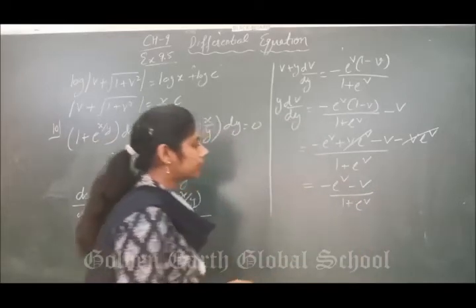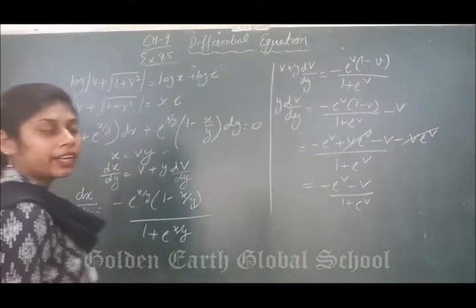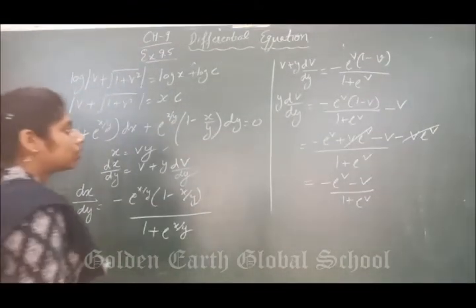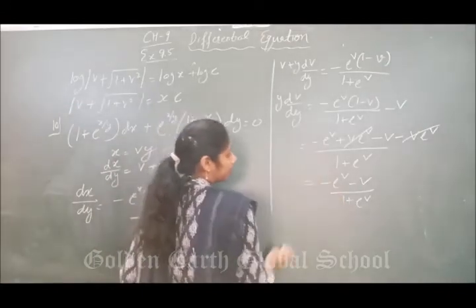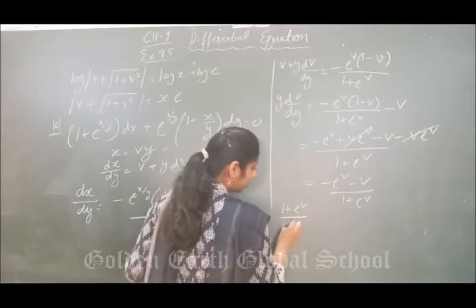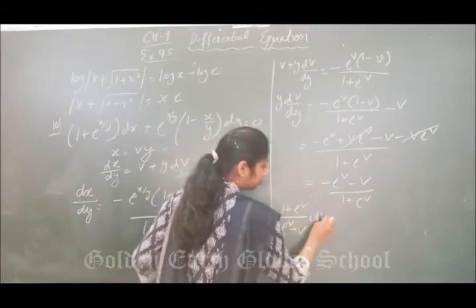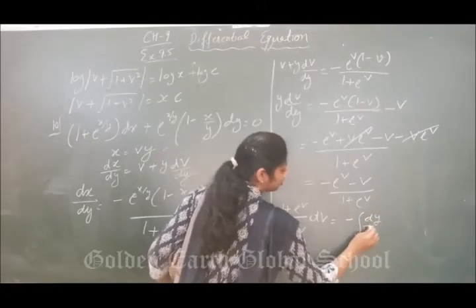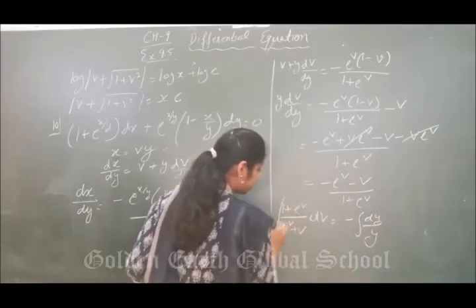Now separate the variables and take the integration. v terms to one side. Now take the y variable to the other side: 1 plus e^v upon e^v plus v into dv is equal to minus dy upon y. Take the integration on both sides.